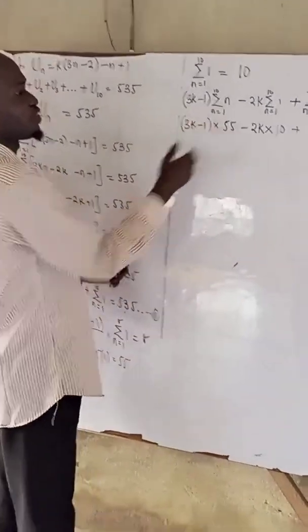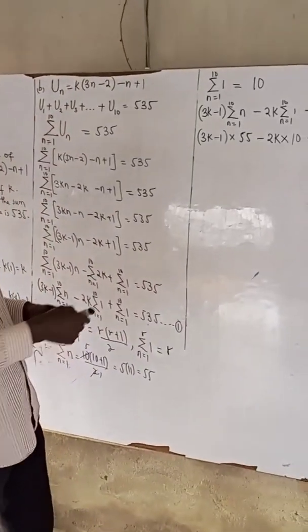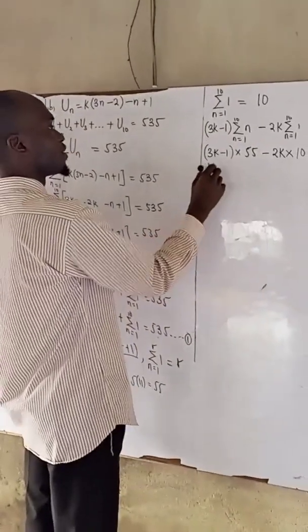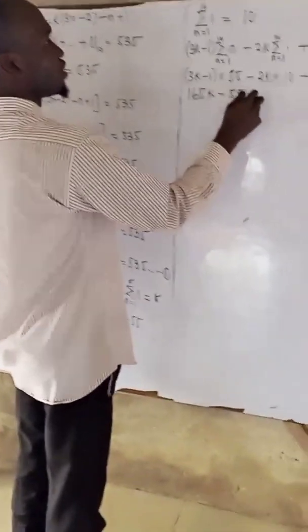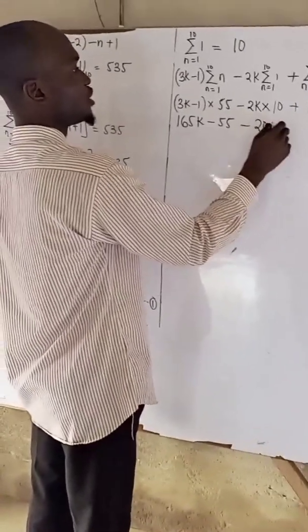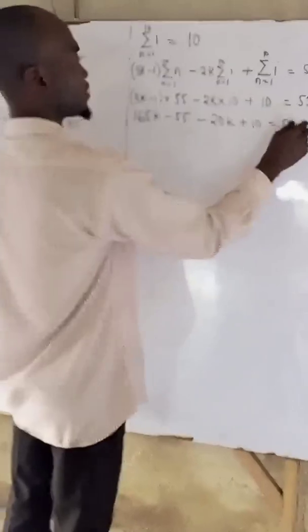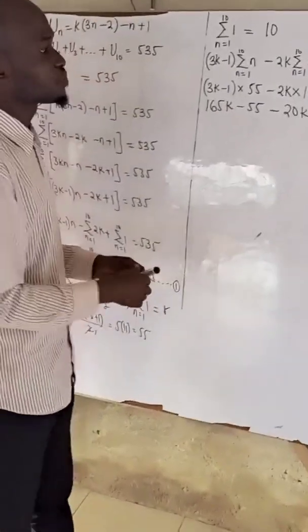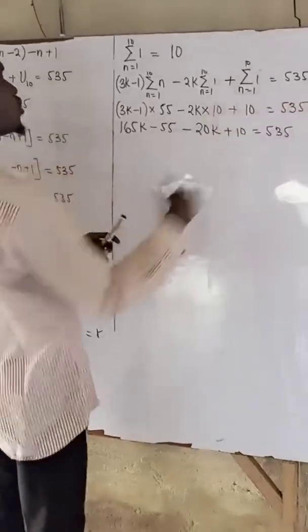This 55 will affect the bracket. 55 times 3, that's 165k, minus 55, minus 2 times 10, that will give me 20k, plus 10 equal to 535. So at this point, I will have to collect like terms. This and this can come together or go to the back.